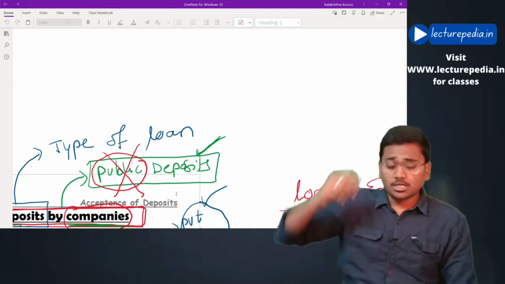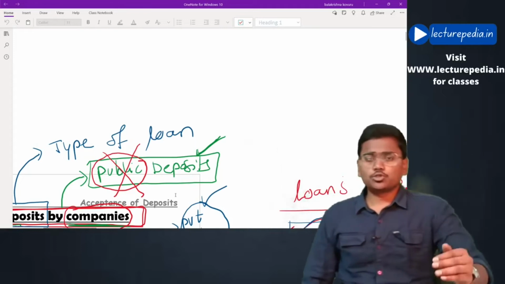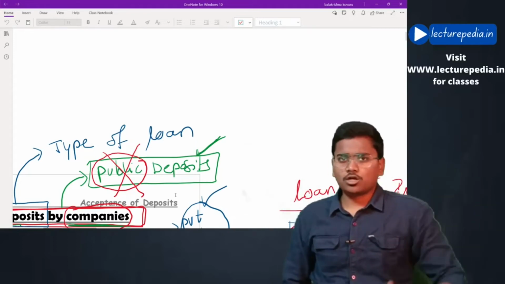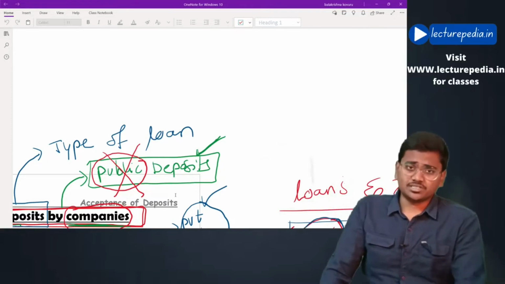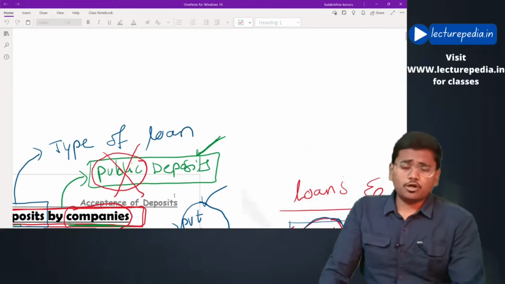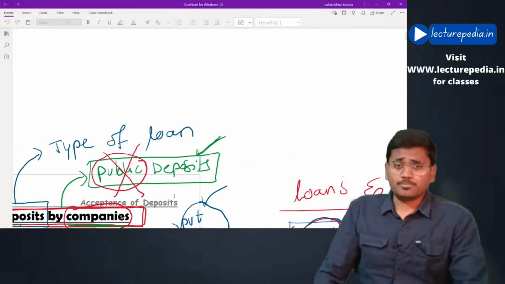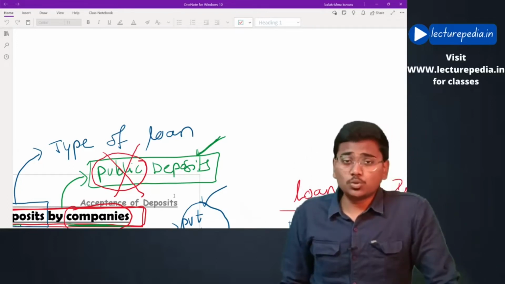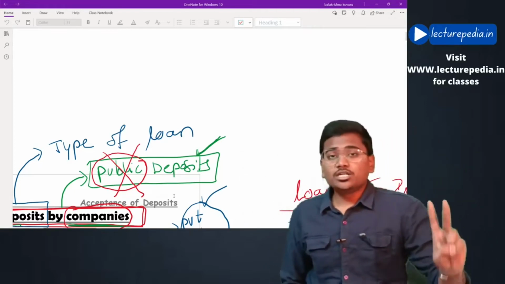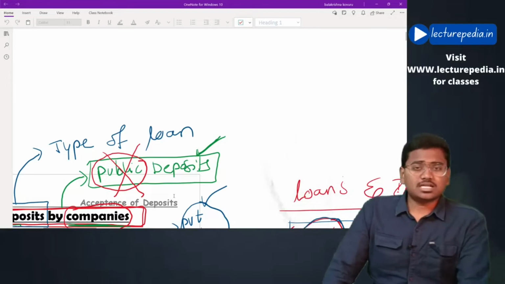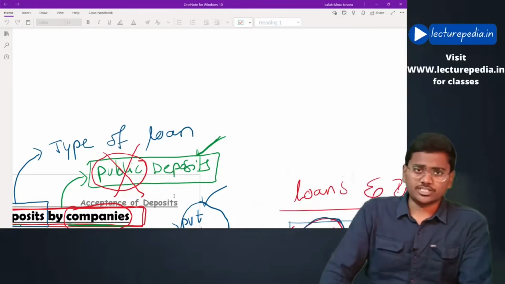After that, if you want to accept deposits from members, then you can be either an eligible or non-eligible company, and you need to satisfy certain 5 conditions, or you need to follow certain 5 steps. What are those steps? First one, you need to issue circular or advertisement in form DPT1, and you need to register this circular with the ROC at least 30 days prior to its circulation.